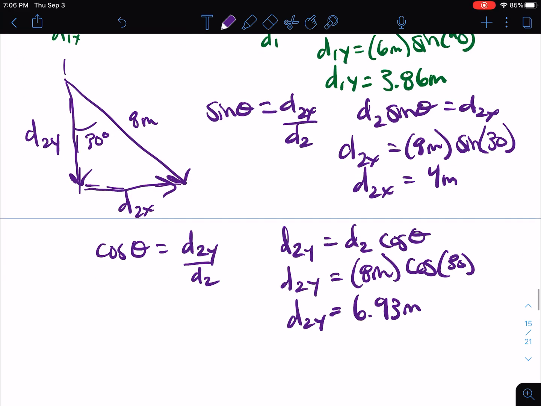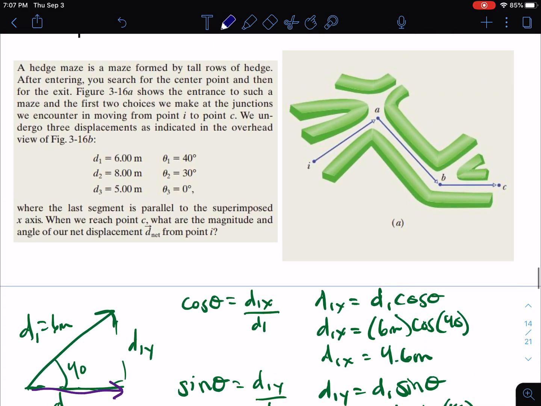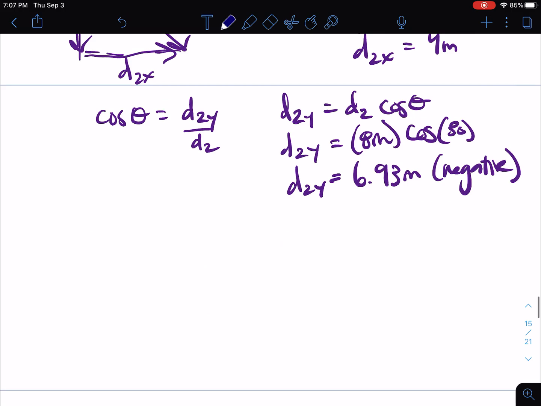So I'm going to make a note for myself that this is negative, because when I actually plug this in to get the resultant y vector, that one has to be negative because it's in the negative direction. All right, last but not least, we have our D3, which is this one right here, and it only has an x component because there's no angle. So we know that our D3x is that 5 meters, but our D3y is 0.